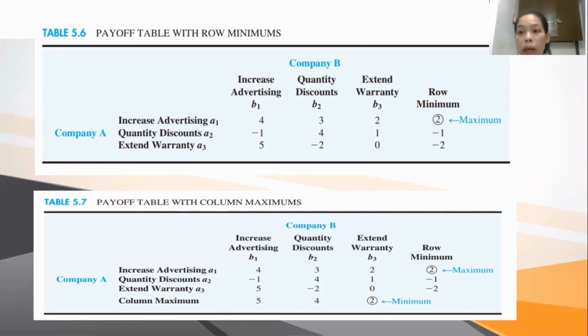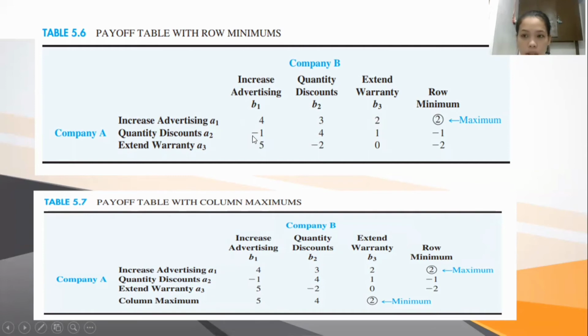So what company A did is that it identifies the minimum payoff value of each row of the payoff table. For each strategy, for each row, company A identifies its minimum value. For example, in strategy A1, the first row, the minimum value is 2.